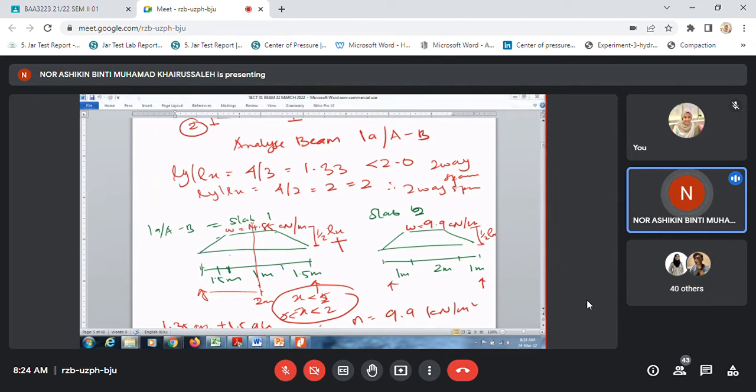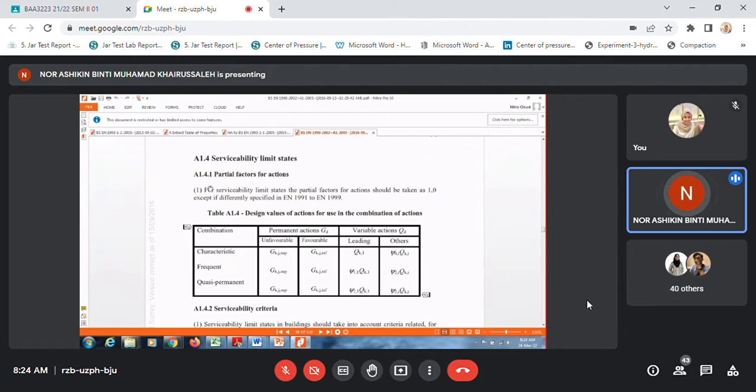That's why Eurocode 0 is important to look at, because it says here that for serviceability limit state, the partial factor should be taken as 1.0 except if differently specified in Eurocode 1 to Eurocode 9. In Eurocode 3, it didn't mention that the partial factor should be different. So it's mentioned here, it should be 1.0.